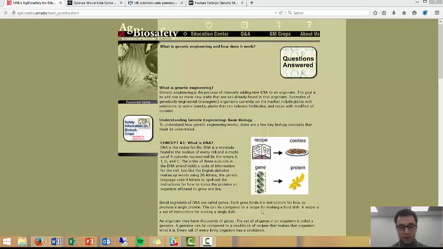So genetic modification is just adding DNA to an organism. It's very simple. If we look at the screen on the right, you notice that it says recipe to cookies, gene to protein. That's essentially what it is. The gene, the double helix that stores all of the DNA, is the recipe of what makes up a person, an organism, a living being.